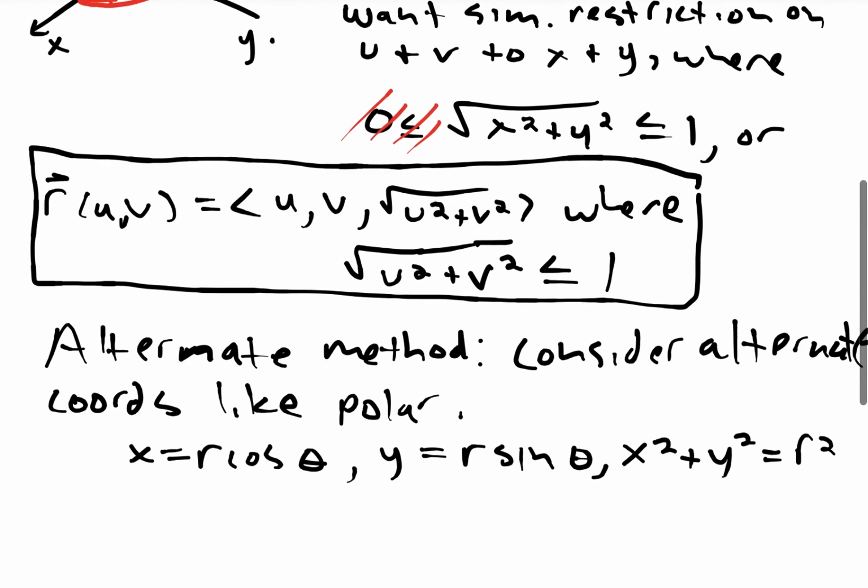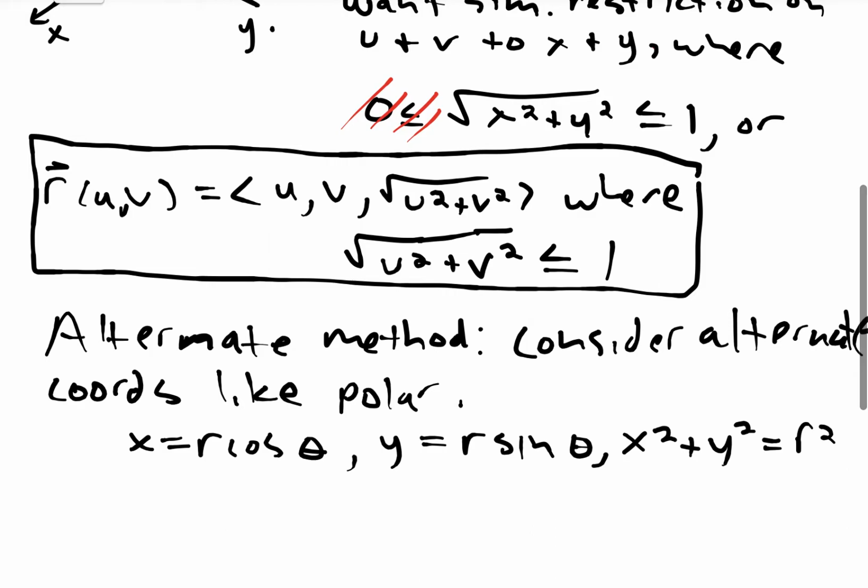What I want you to go ahead and do is think about making a transition of this expression for our parameterization, but let's see if we can use conversions that are a little bit more fitting for polar.